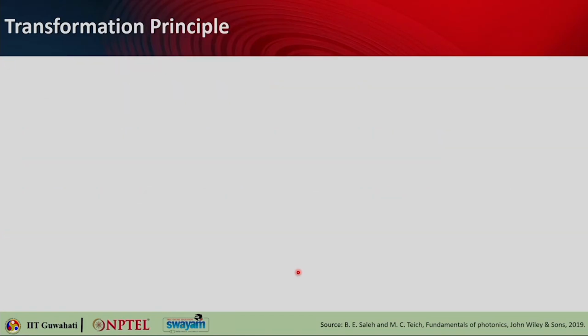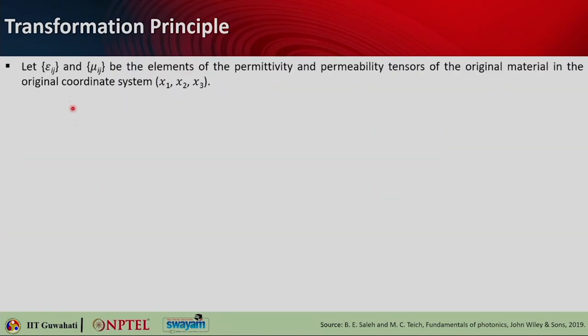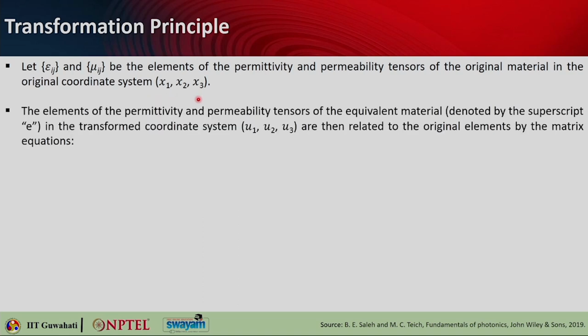transformed parameters. So let us consider epsilon ij as a tensor, this is the permittivity tensor, and mu ij as the permeability tensor of the original material in the original coordinate system. The original coordinate system has the 3 axes x1, x2 and x3.